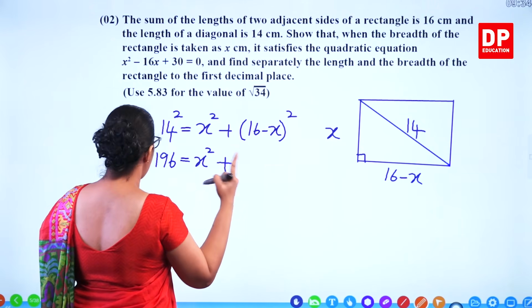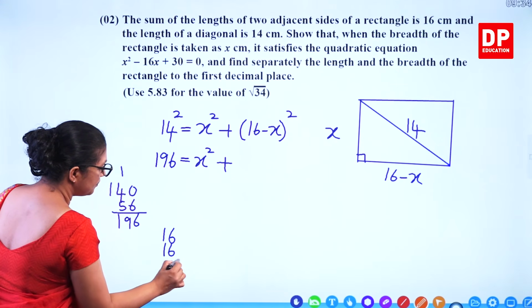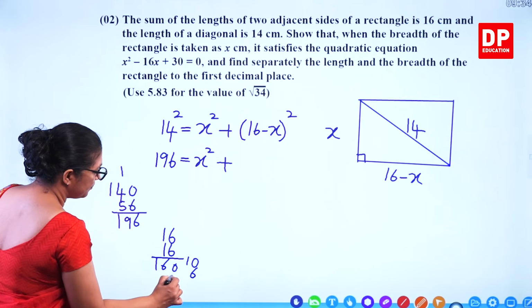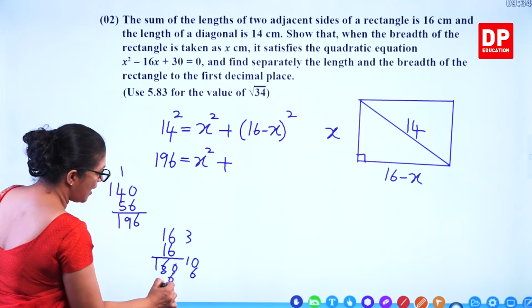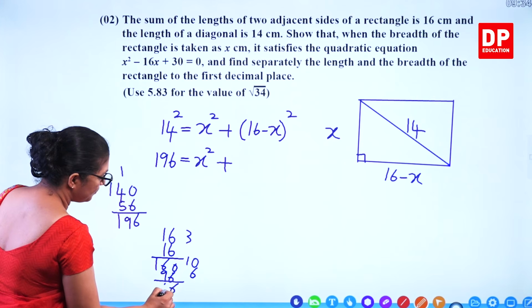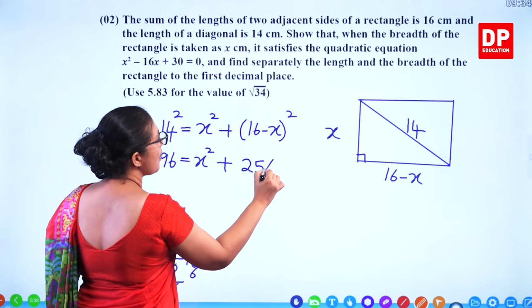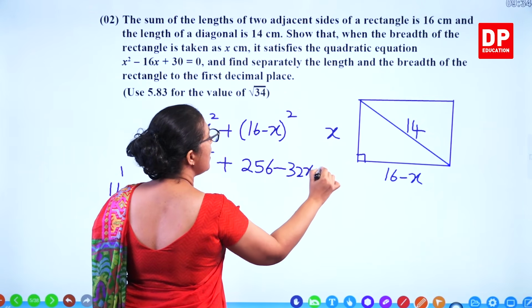What is 16 times 16? 256. Minus double of this, 32x, and plus x squared.